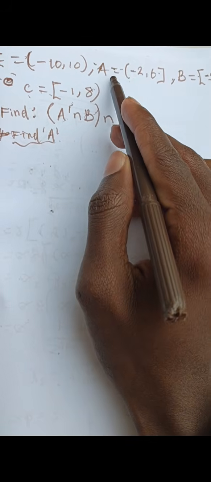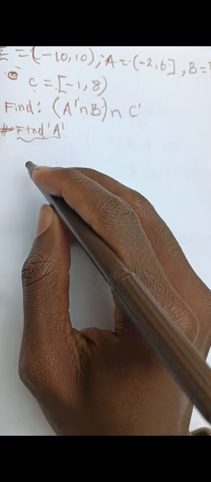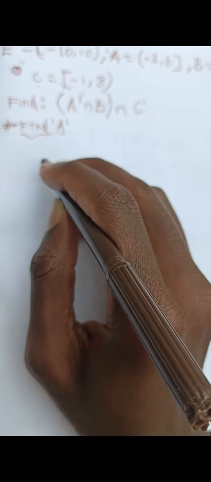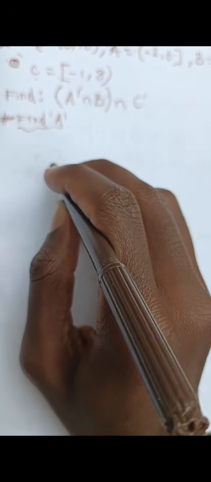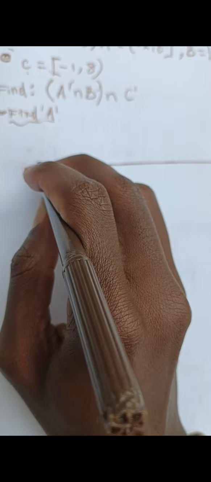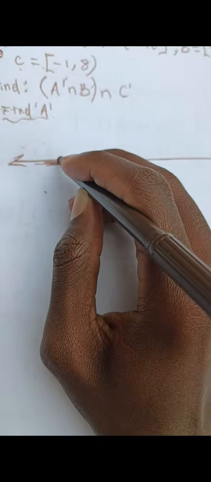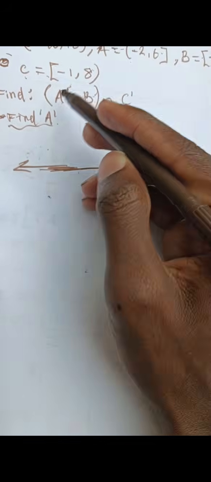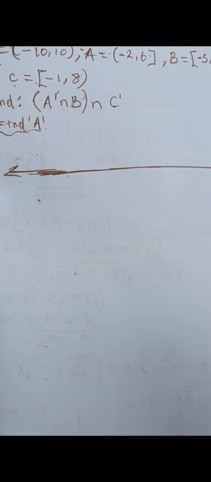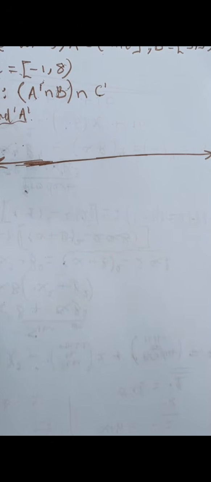Since you can see that A is this, let me draw the number line. So right now I'm only dealing with this, and look, if you have a universal set, it will be present in every number line that you'll be drawing.